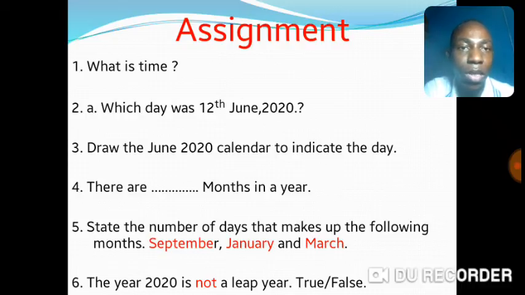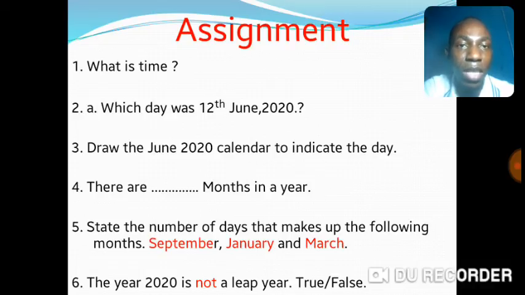Number 3. Draw the June 2020 calendar to indicate the day. So, after you've indicated the day for question 2, that is which day was 12 June 2020, you draw a calendar for question 3, and then you put a circle around the particular day on the calendar you have drawn to indicate that particular day.